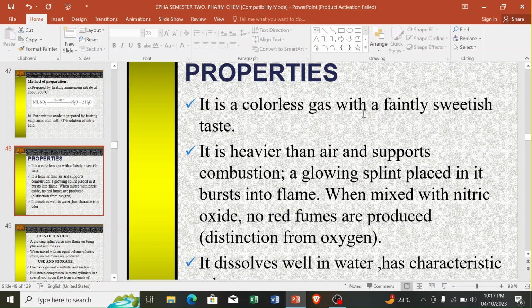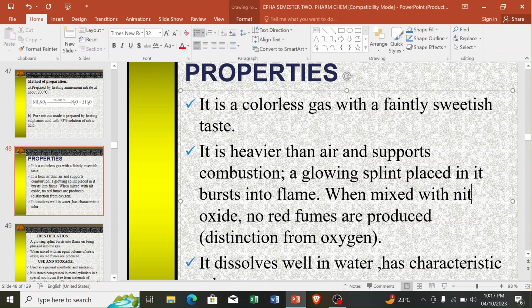We see that no red fumes are produced. This should be nitrous oxide, not nitric oxide. Nitrous oxide: when mixed with nitric oxide, no red fumes are produced. So when we have a glowing splint and we expose this glowing splint to nitrous oxide, we do not expect to see red fumes or flames.